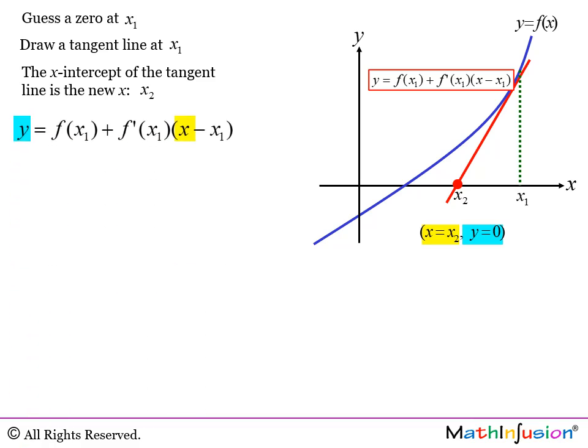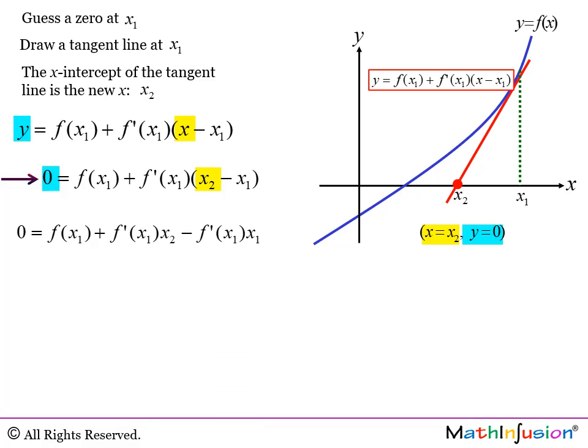Let's substitute this in the equation of the line. y is 0 and x is x sub 2. And we get that. Now let's try to solve for x sub 2. It's a linear equation. It's always easy to find out.